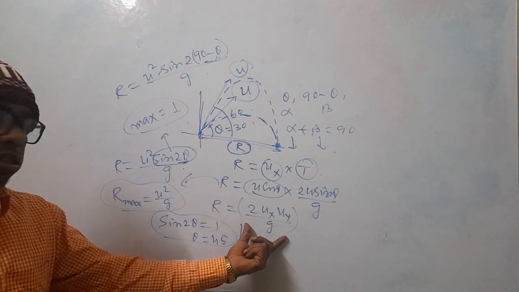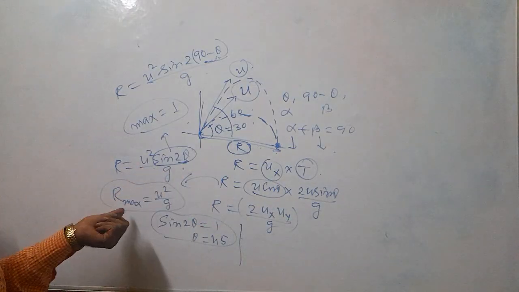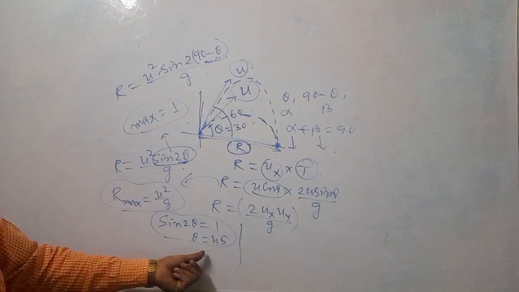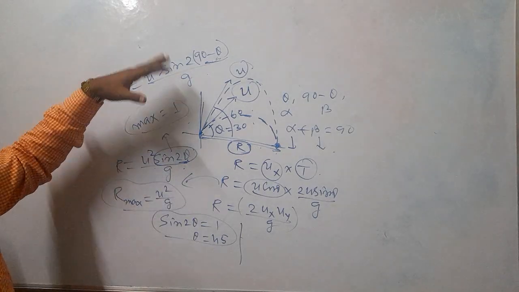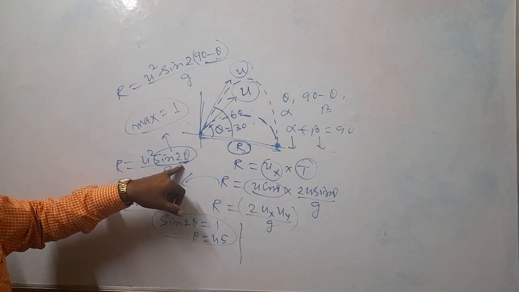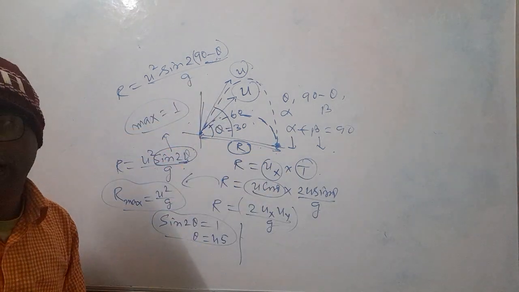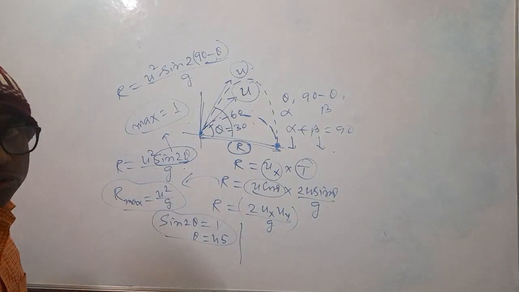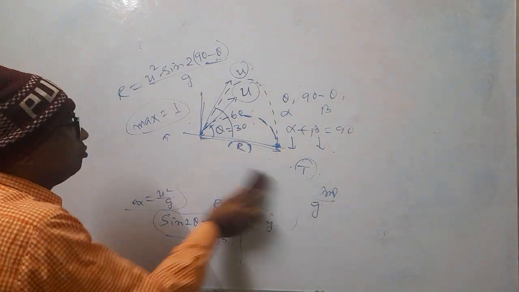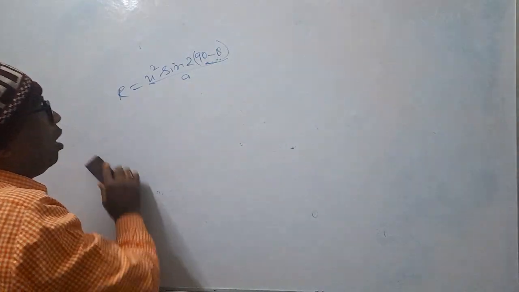The general equation of range is 2 ux uy by g, range is max when theta equals 45 degrees, and ranges are equal when the projectile angles are theta and 90 minus theta, that means alpha plus beta equals 90 degrees. Do students understand? Very interesting part of the projectile.